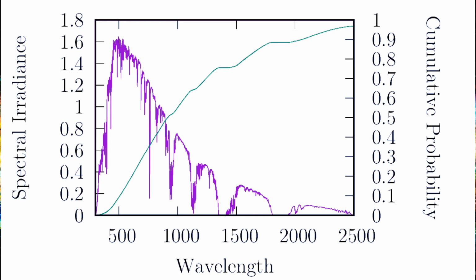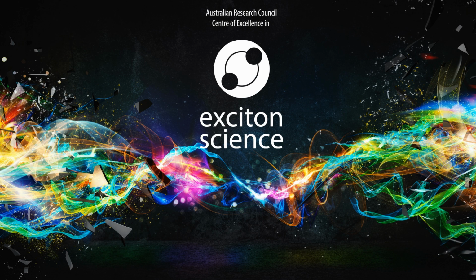You'll notice that it increases faster around 500 nanometers, where the sun is brighter, and it does not increase at all in areas where the brightness of the sun is 0. If you are simulating a monochromatic light source, you need to make your cumulative distribution function smooth. The reason for this is that it will be interpolated by the software, and if it's not smooth, then we don't know what will happen.